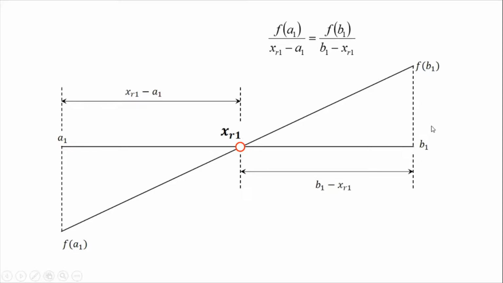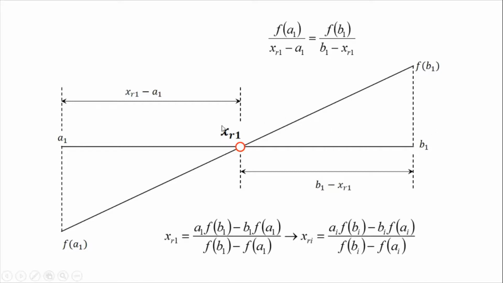Algebraically manipulating this equation, we get the value of x sub r1, which can be generally indexed as x sub ri is equal to this expression here. This will be our equation 4.3 from our module provided.